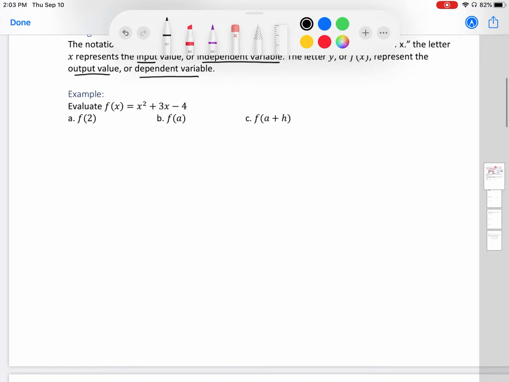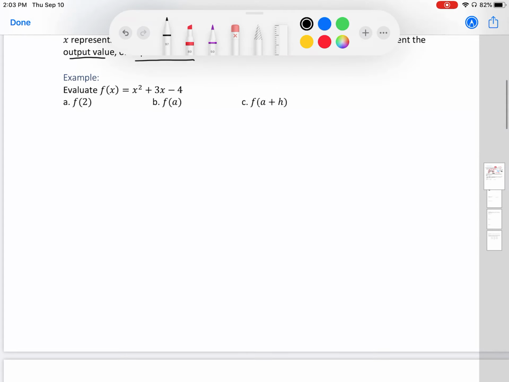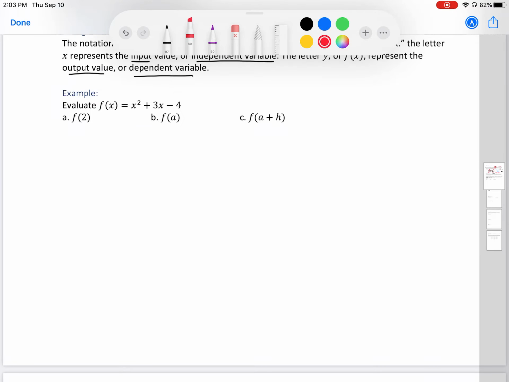All right, let's do an example. Evaluate f of x is equal to x squared plus 3x minus 4 when a, x is equal to 2, that is f of 2, b, f of a, and c, f of a plus h. Okay, so what this is giving us is our equation. We're used to seeing them as y equals. Now we have f of x equals. We're using function notation.